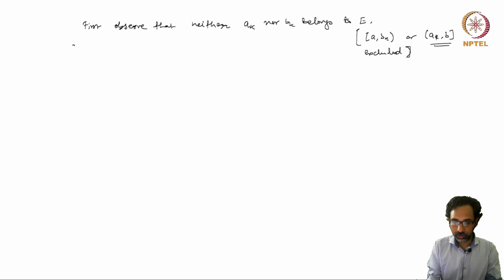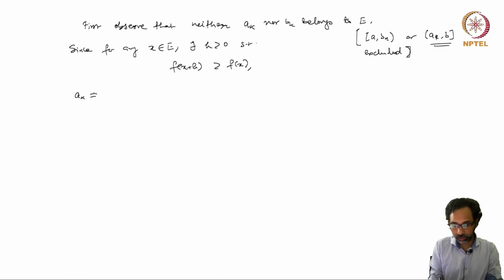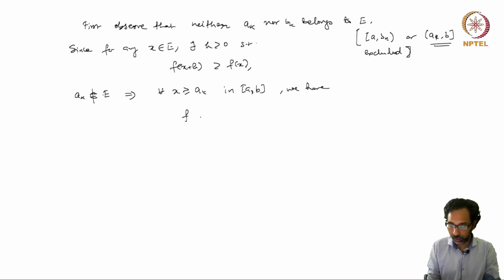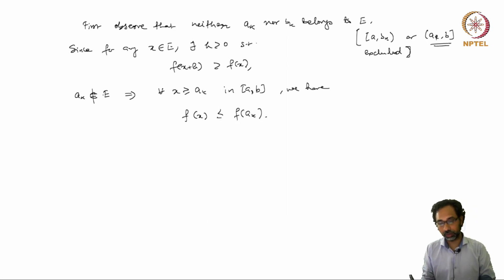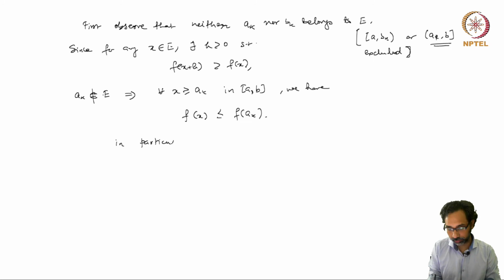So since for any x in E there exists an h greater than 0 such that f(x+h) is greater than f(x), and because a_k does not belong to E, this implies that for all x greater than or equal to a_k in (a,b), we have f(x) is less than or equal to f(a_k), because otherwise if there was a point where f(x) was greater than f(a_k) strictly to the right of a_k, then it would belong to E, and we have seen that a_k is not in E. So in particular f(b_k) is less than or equal to f(a_k).